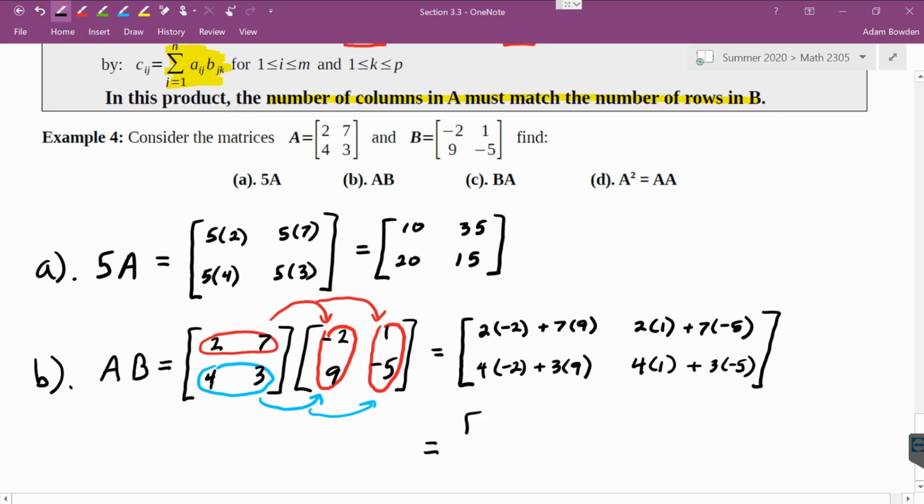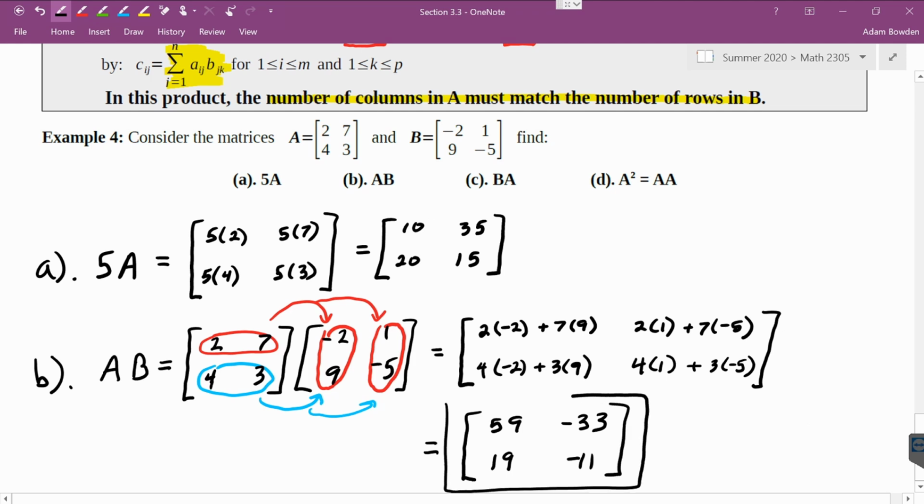So as a result here, we're going to have 59, negative 33 on the first row. Then we have 19 and negative 11 down the second row. So that's the result of doing the matrix multiplication here.